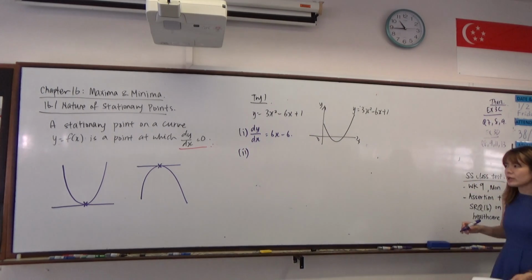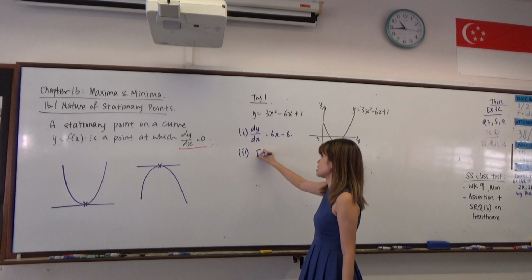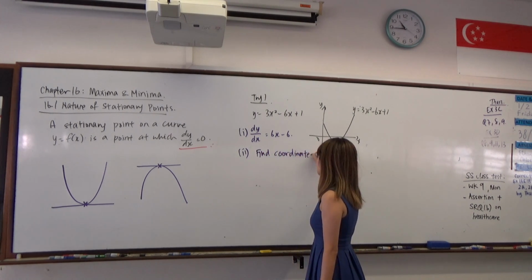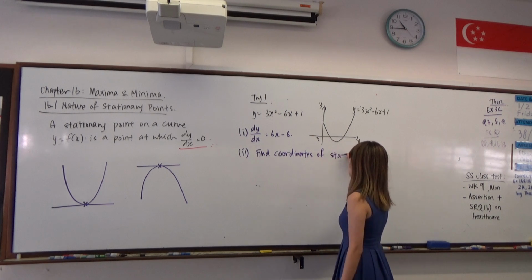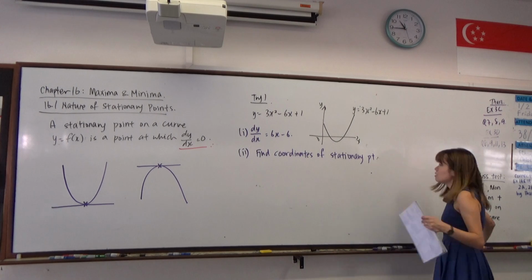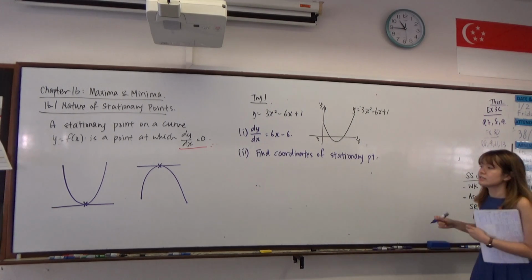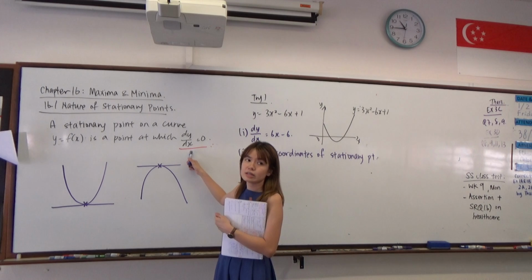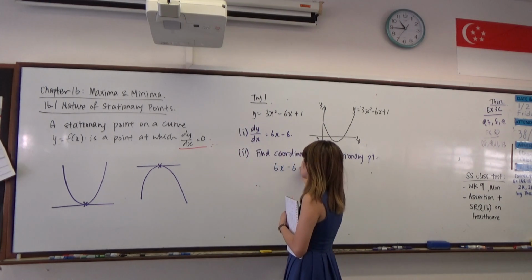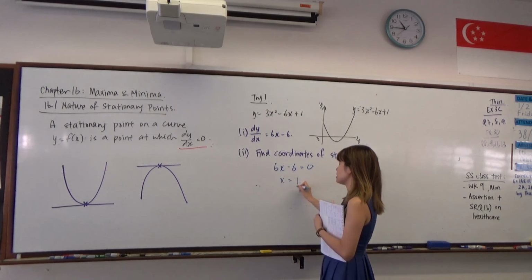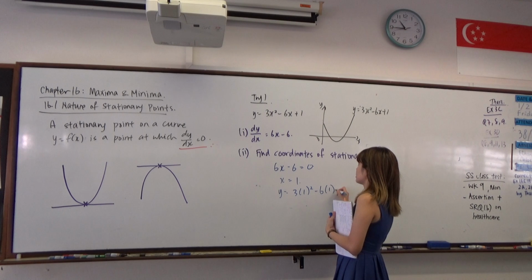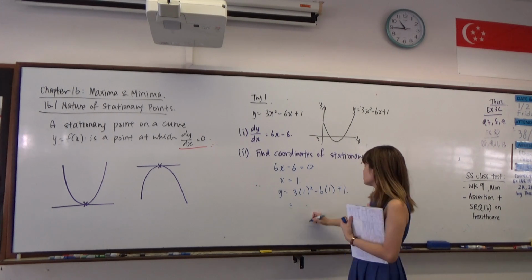And then in part 2, they want you to find the coordinates of the stationary point. Knowing now that at stationary points the gradient, or rather the derivative, will be equal to 0, therefore 6x minus 6 equals 0. x will be equal to 1. y will be equal to negative 3 plus 1, negative 2.